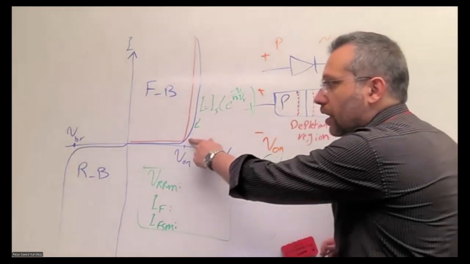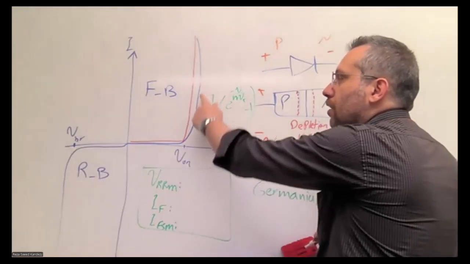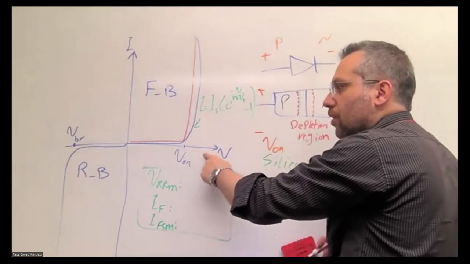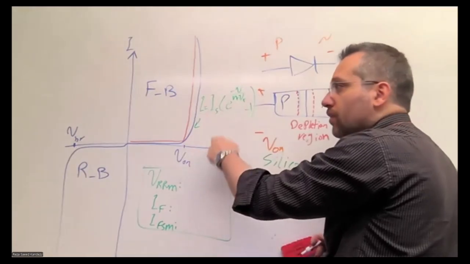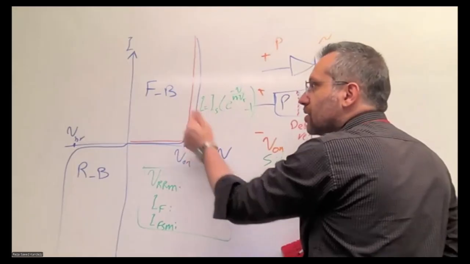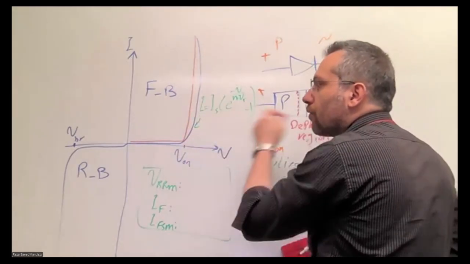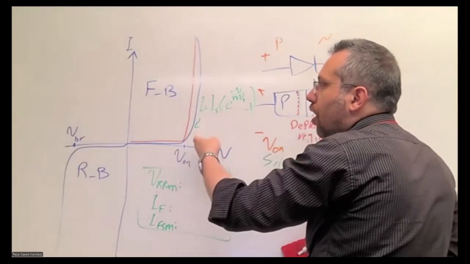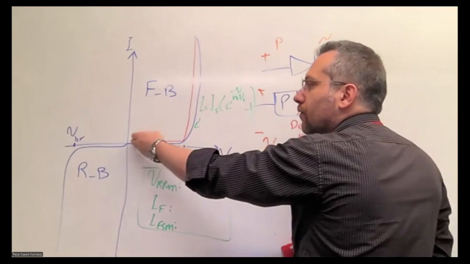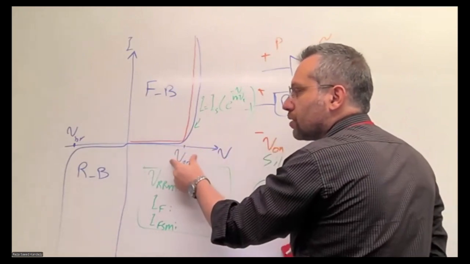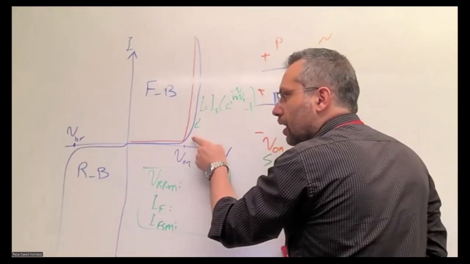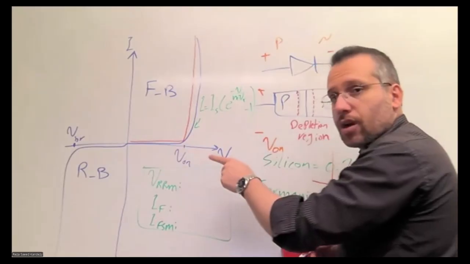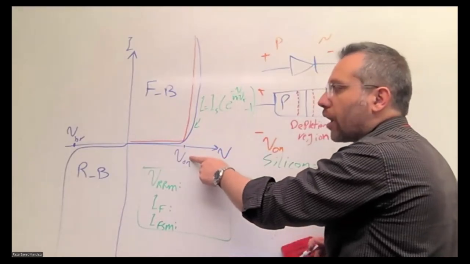In a real curve, if we drain more current, the voltage across the diode will also increase. But we are going to neglect that exponential curve, and we consider the voltage across the diode to be constant. As you can see in the graph, it's constant and equal to the voltage on.